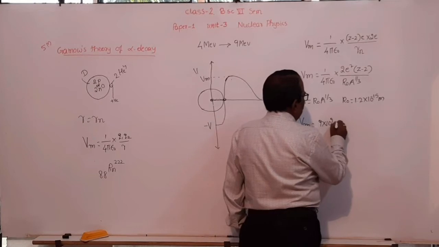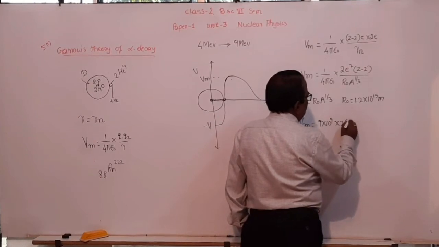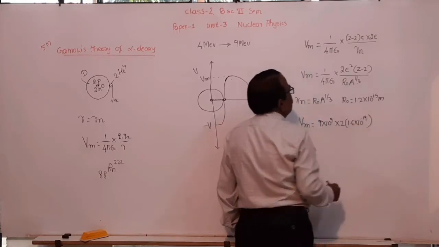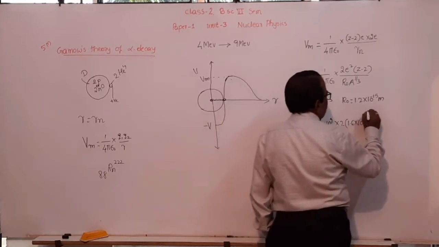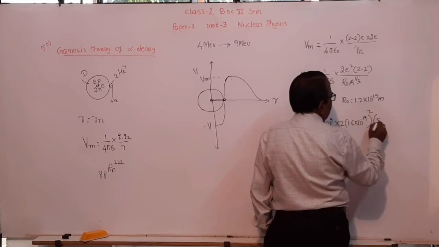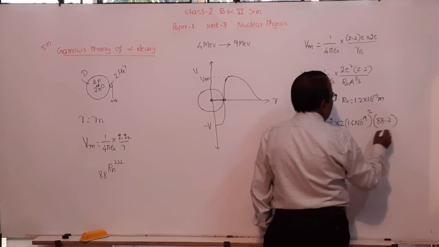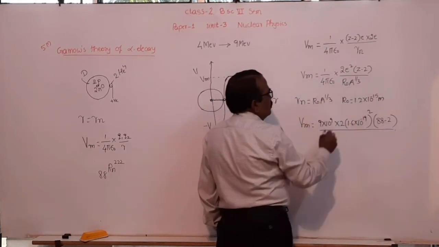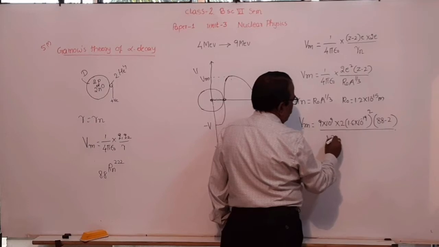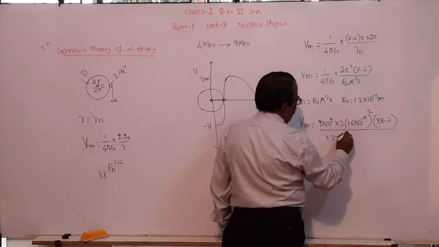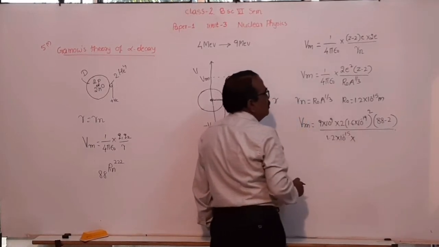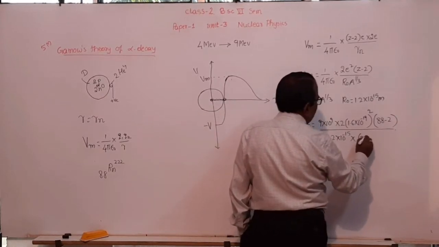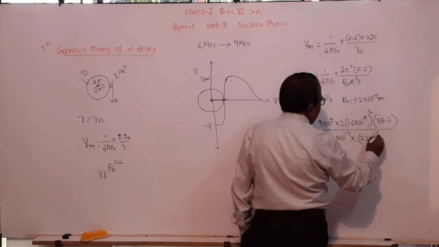Then into 2, charge is 1.6 into 10 raised to minus 19 whole square. Z is 88 minus 2. That divided by your R0, which is 1.2 into 10 raised to minus 15, into A, which is 222, raised to 1 by 3.